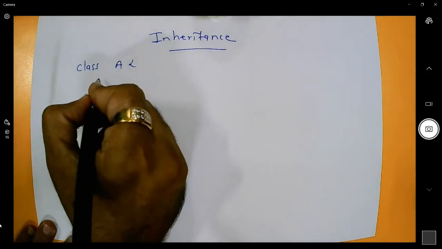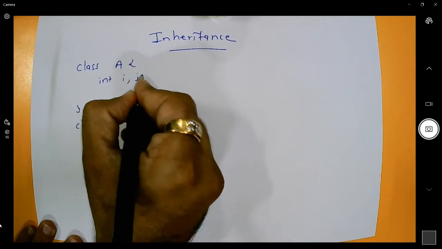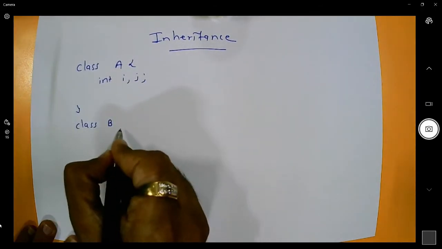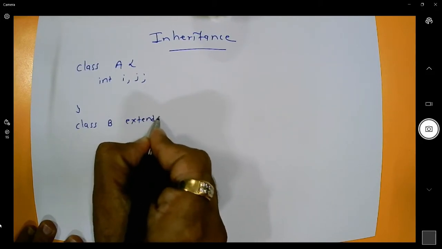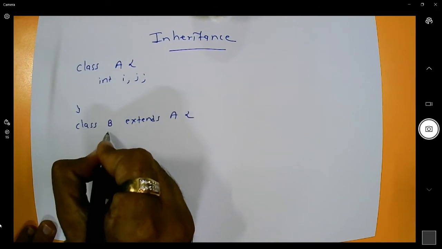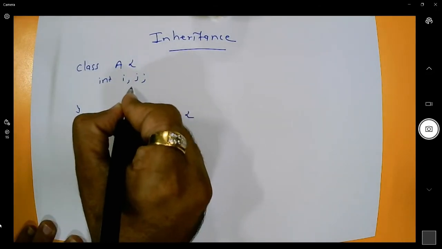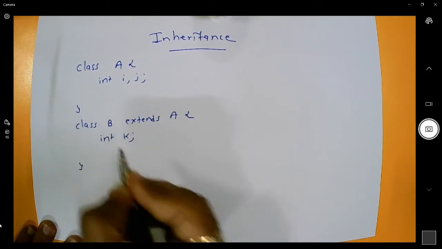For example, in class A, I have integer variables i, j. Now this is class B, which extends from A. So you can say B has accessibility to i and j, as well as B can define its own.